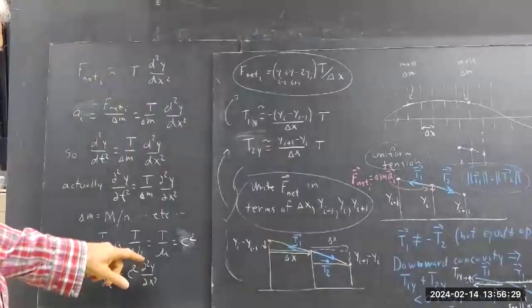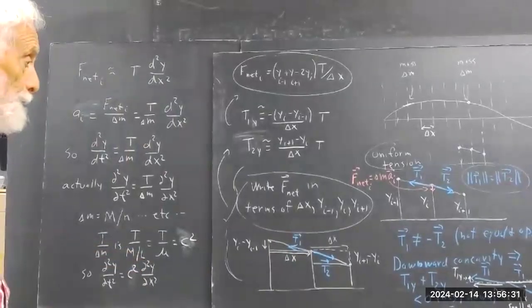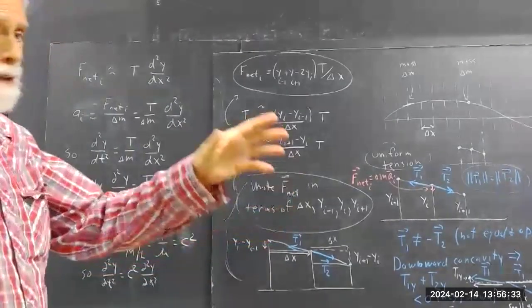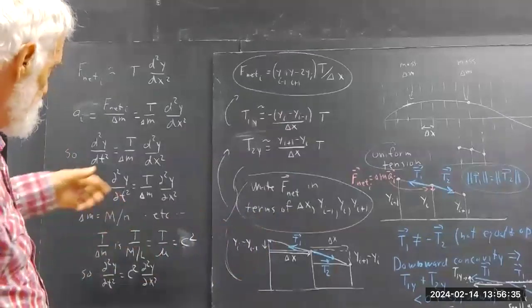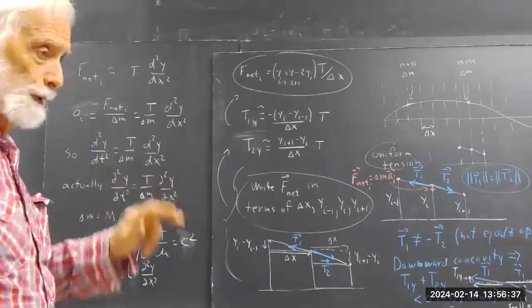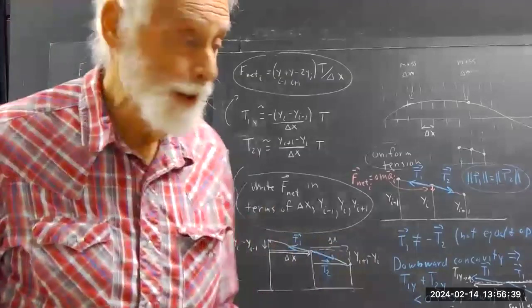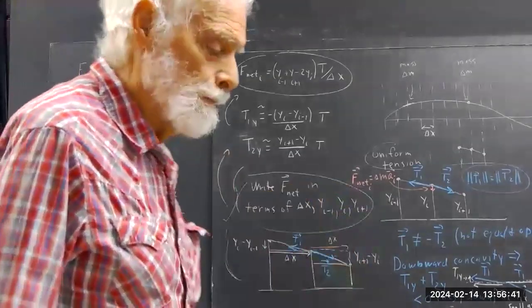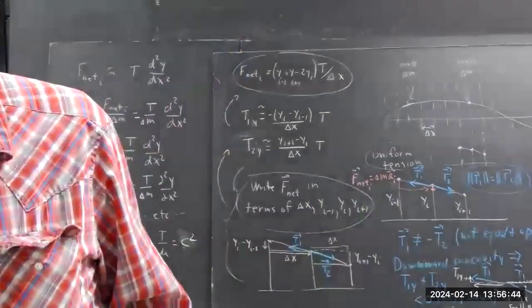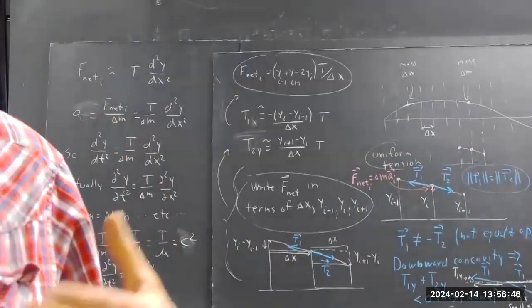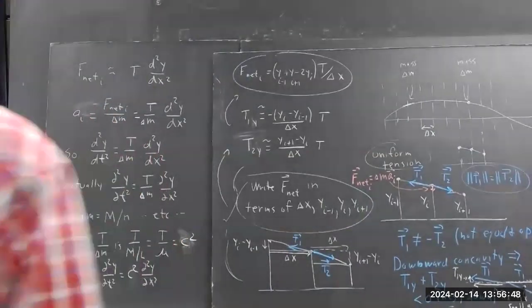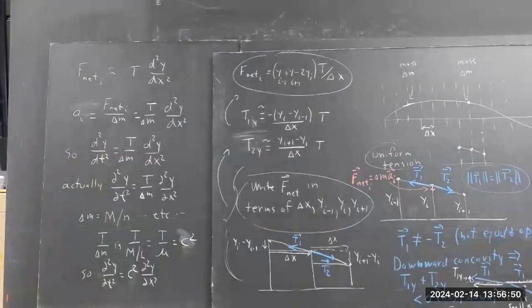That's why we talk about the second derivative with respect to x. And the force is what gives you the acceleration, which is the second derivative of position with respect to time. So it comes down to that in this picture. This is the basis, and not far from a rigorous definition or derivation, of the wave equation.